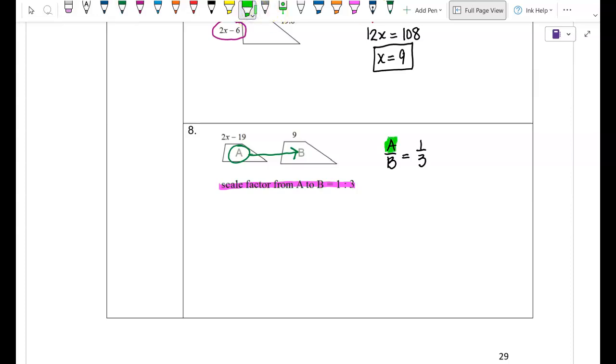I'm going to replace the A with the 2x minus 19. And I'm going to replace the B with the 9. So 2x minus 19 over 9 equals 1 over 3. That is the proportion that I'm going to solve for x.